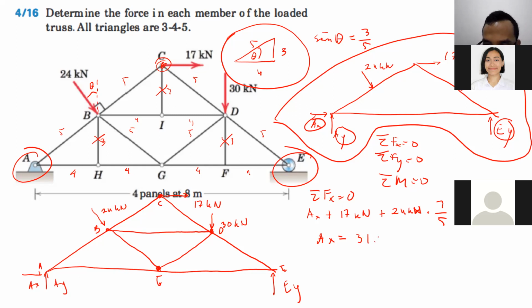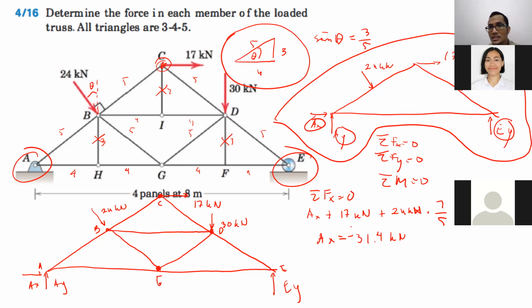Correct. Kilonewton. Yes, AX is 31.4 kilonewton, but you made a small mistake here, and mistakes can be costly later. What is the mistake here, Judy? Should be a minus sign. Yes, correct. So the correct AX is going to the left instead of going to the right.